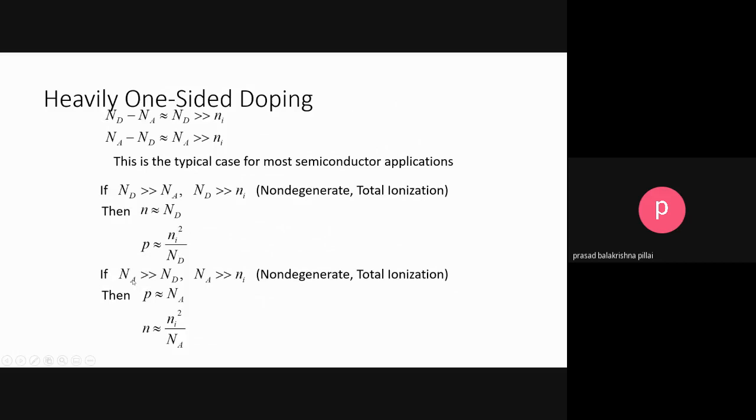Similarly, for p-type material, where acceptor concentration is much higher than Nd and ni, the hole concentration will be approximately equal to Na, and the electron concentration will be approximately equal to ni squared by Na. Any confusion there?